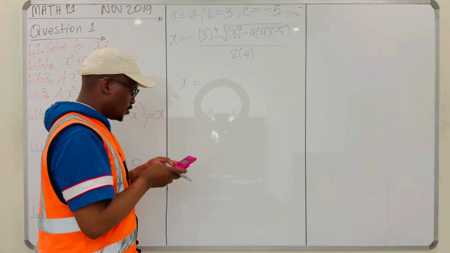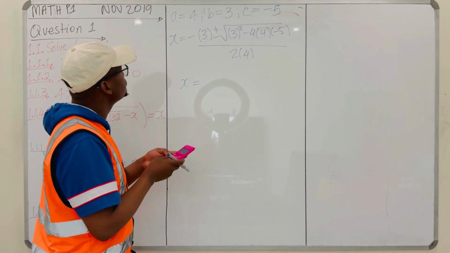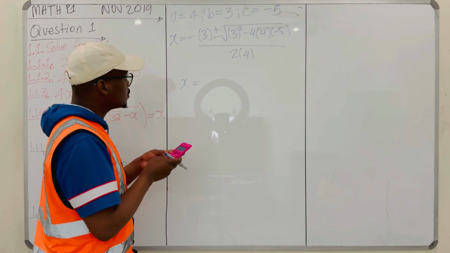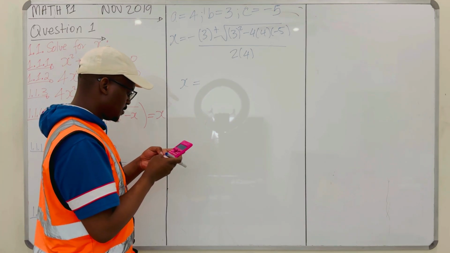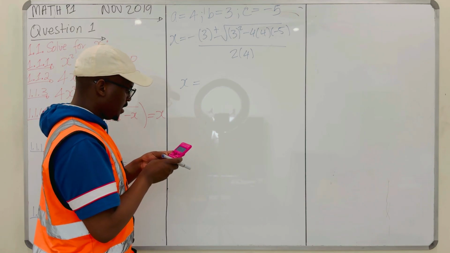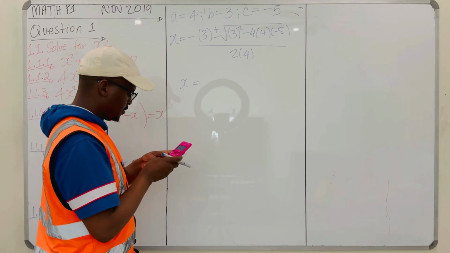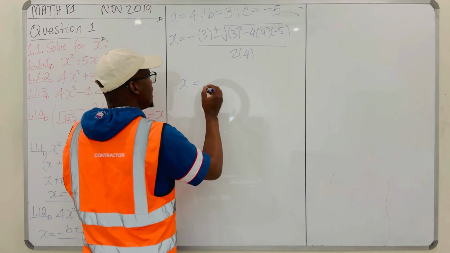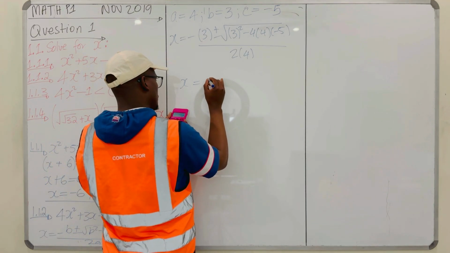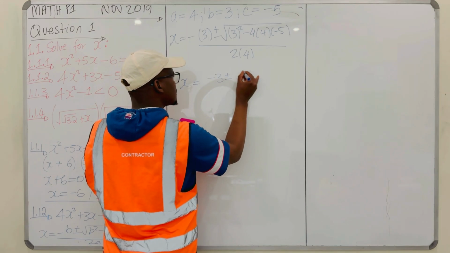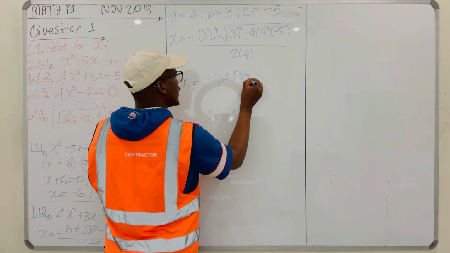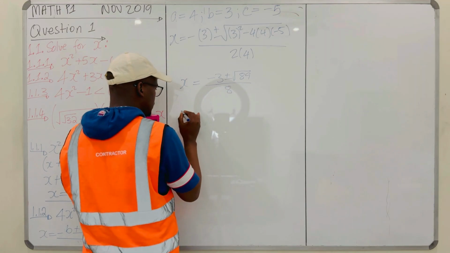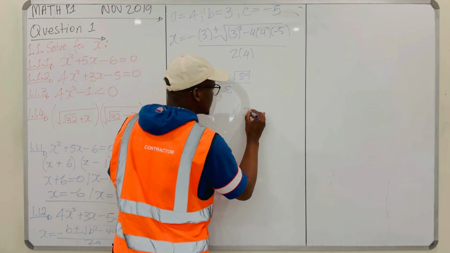You'll get negative 3 plus or minus the square root of 3 all squared minus 4 times 4 times minus 5, all over 8. So your x is equal to minus 3 plus or minus the square root of 89, all over 8.